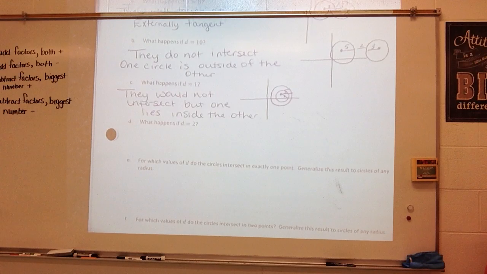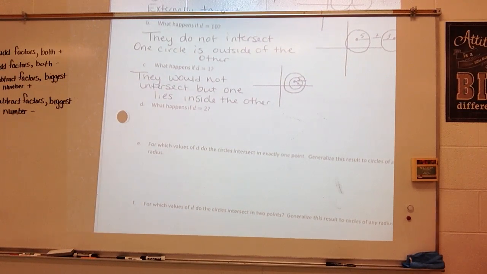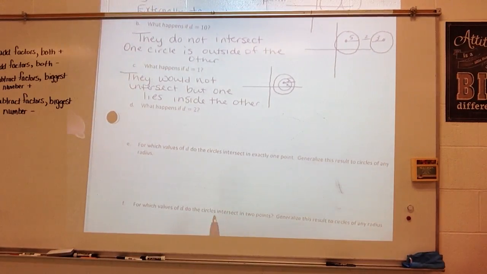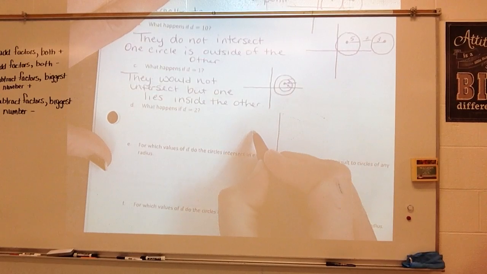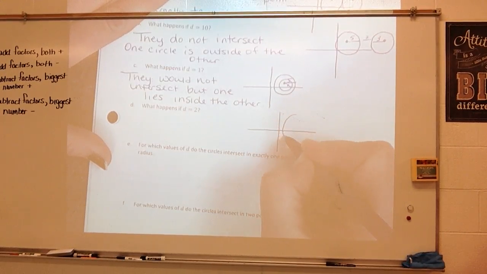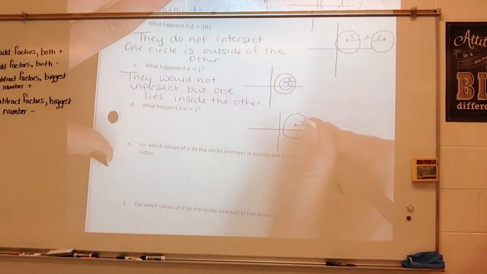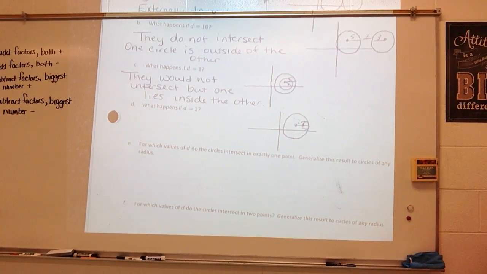Alright, what if I want the distance of 2? Alright, a distance of 2. Well, there's that 5, and I want them to be a distance of 2, which means they would touch at 1 point. Alright?